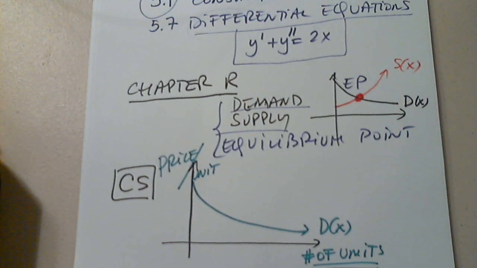This is not a rate of change or anything like that. It's the price for each unit. So, how does this work?